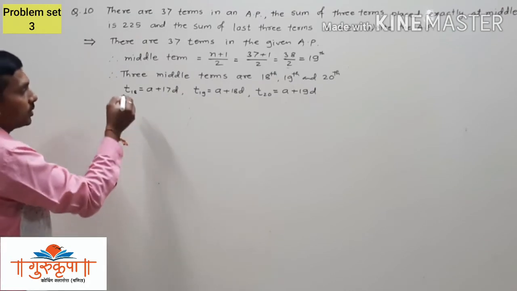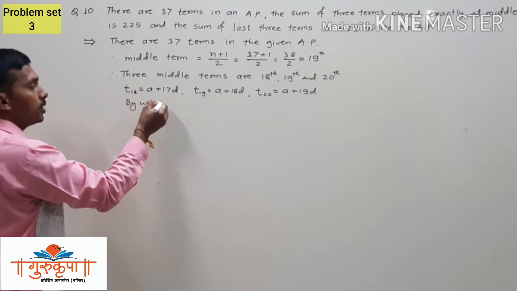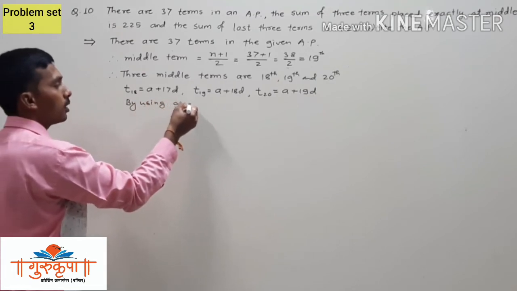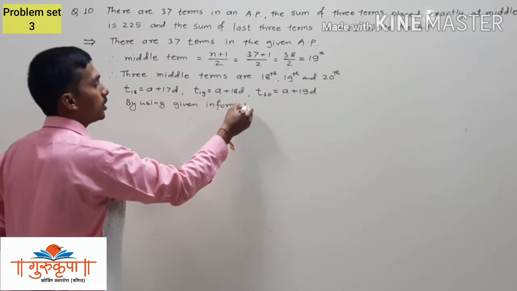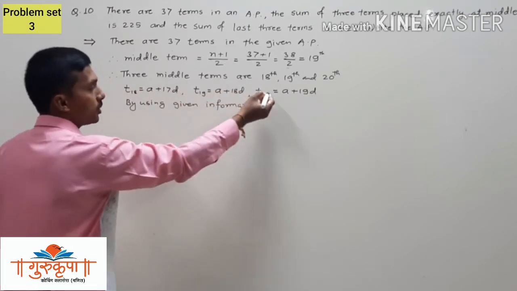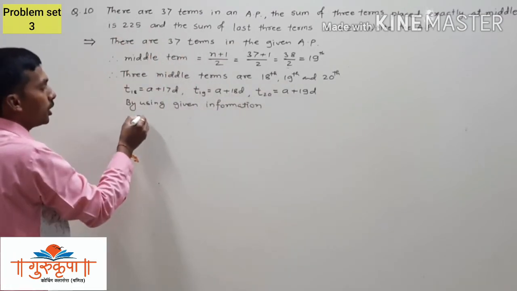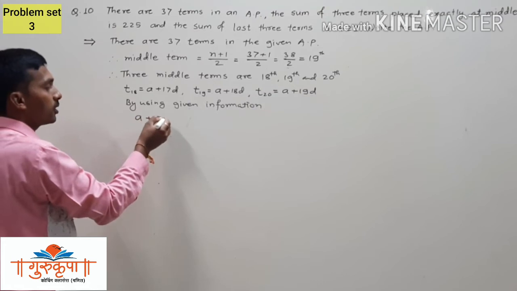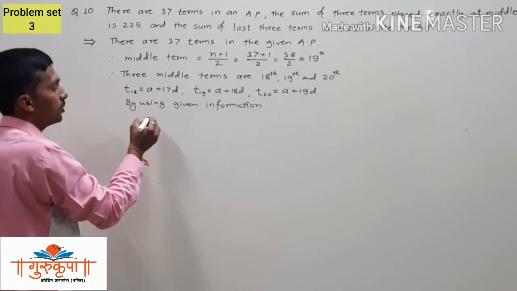Now by using given information, that is T18 plus T19 plus T20 is equal to 225. So we can simply write the terms first and then put their values.